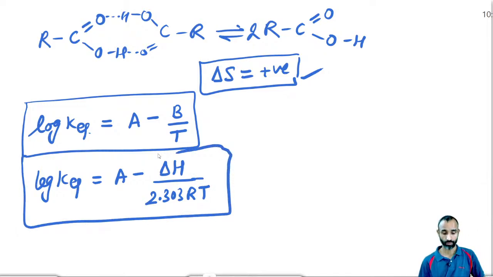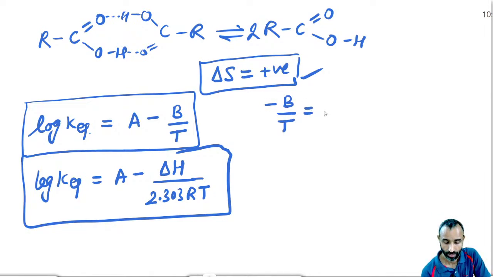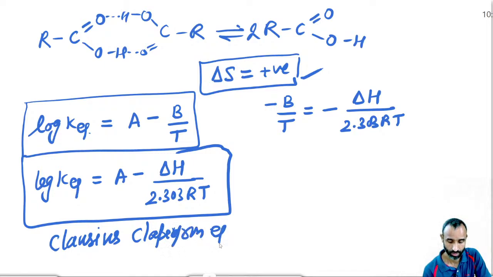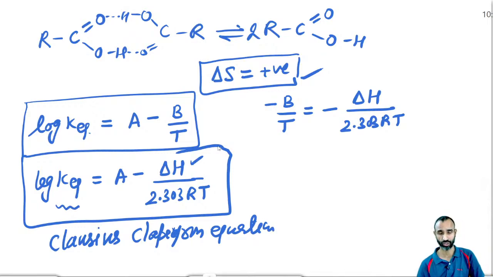So from this relation, B upon T is equal to delta H upon 2.303 RT. This is called the Clausius-Clapeyron equation, which relates the equilibrium constant with the enthalpy of the reaction.